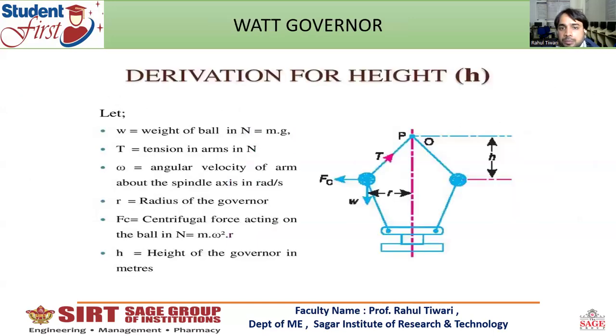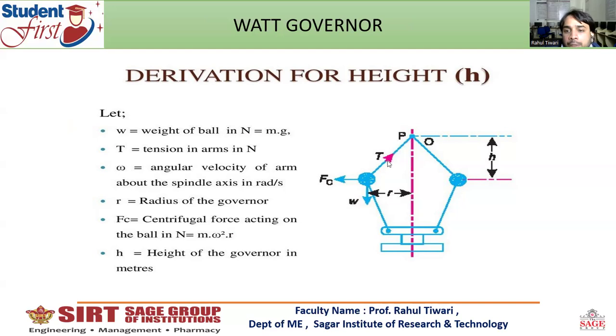After that, here is the derivation of height. We have to calculate the height. So the terminology is: let W equal the weight of ball in Newtons, T equal the tension in the arms, acting at both arms. Omega is the angular velocity of the arm about the spindle axis.